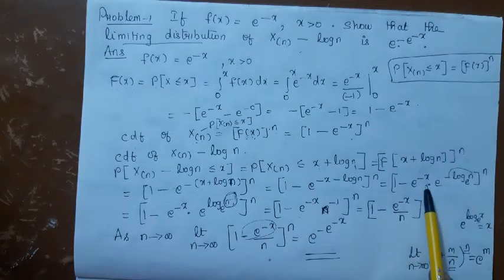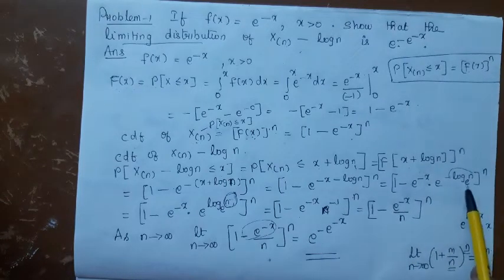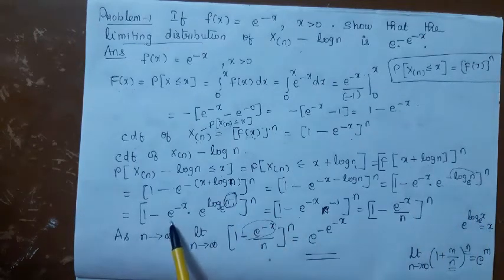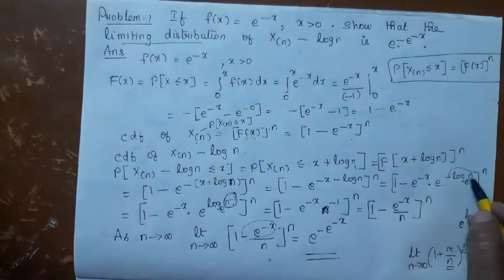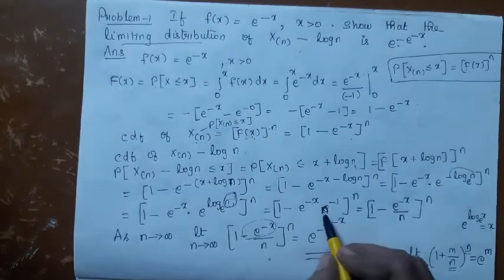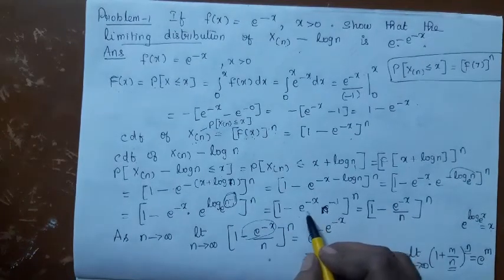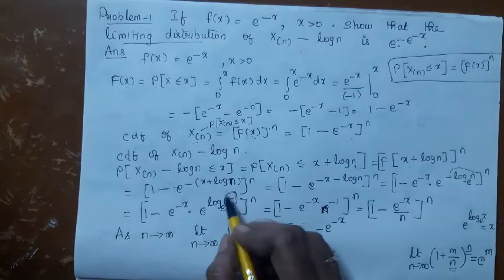That is 1 minus e power minus x into e power minus log n the whole power n. You are assuming that you are taking log to the base e. Okay, so this minus, by the power rule, comes to the power, it becomes n power minus 1. And in the next step, I understand that e power log x to the base e is simply x.